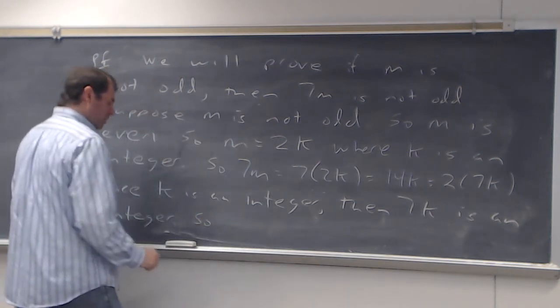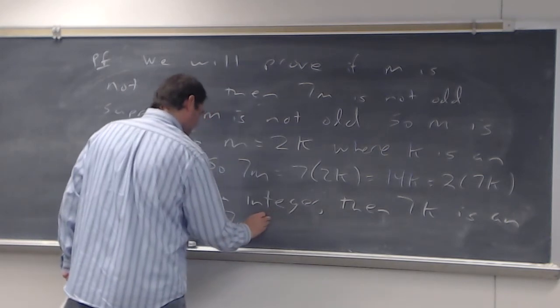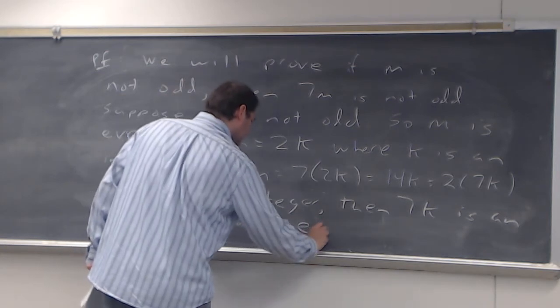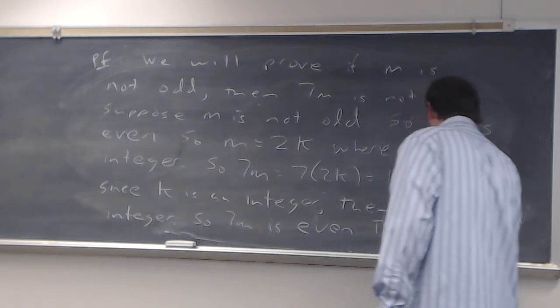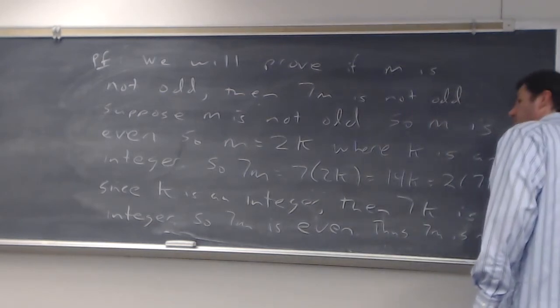So 7M is equal to 2 times an integer. That means it's even. Thus, 7M is not odd. That's the proof.